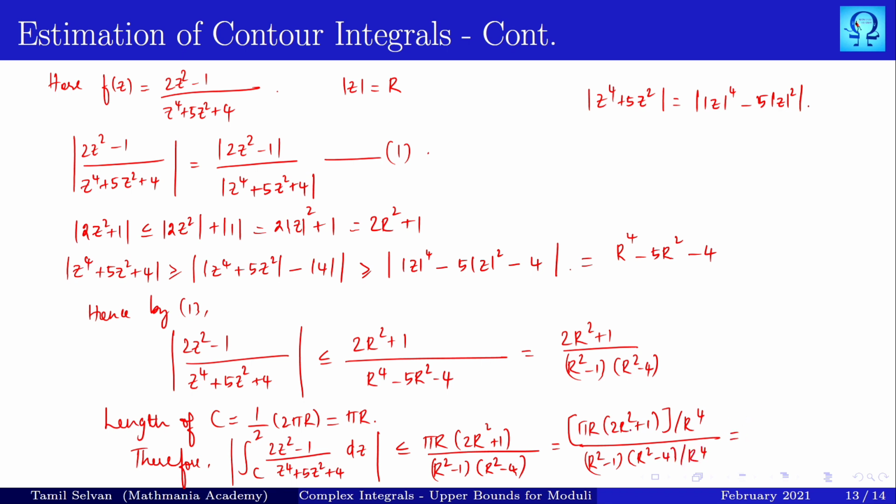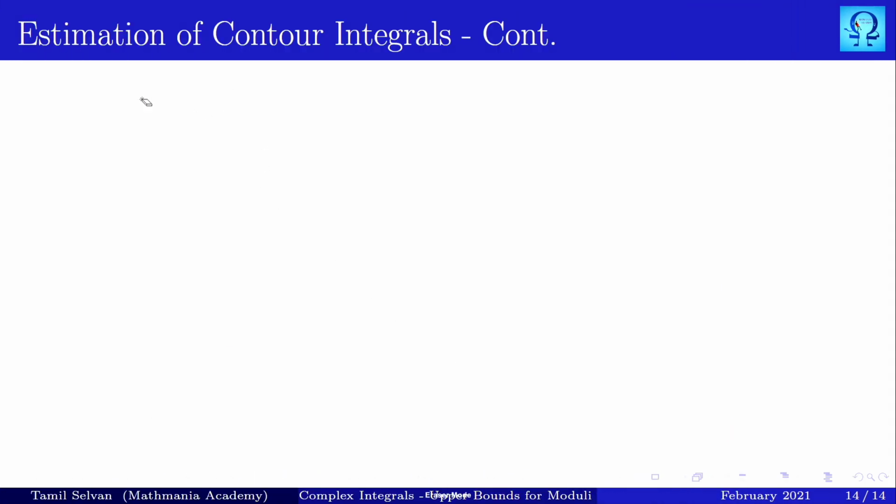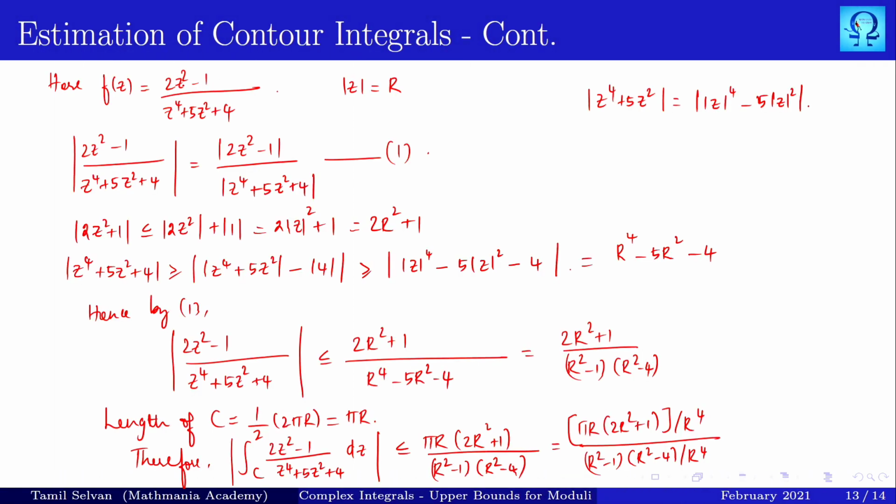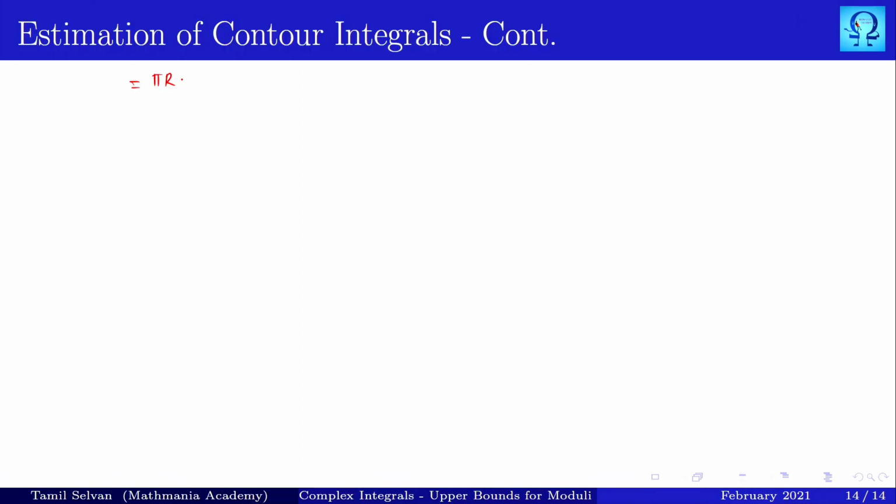So let me do this in the next page. So this one by r, inside we had 2r squared plus 1. So we take r squared outside, so this becomes 2 plus 1 upon r squared, right? So this quantity divided by r to the power 4.